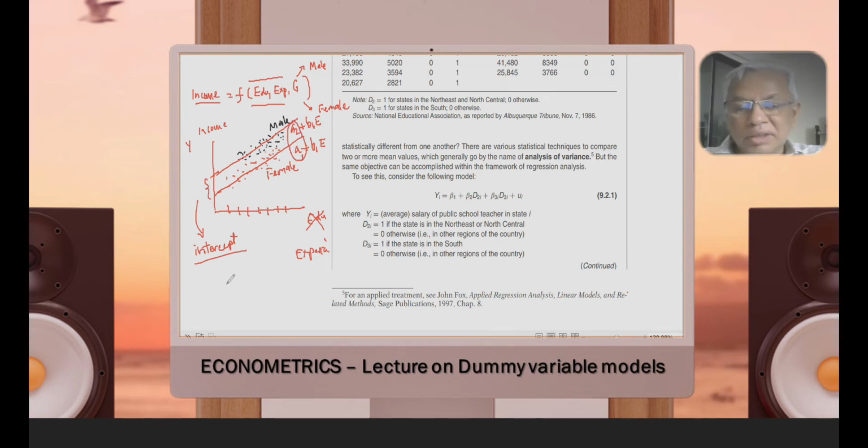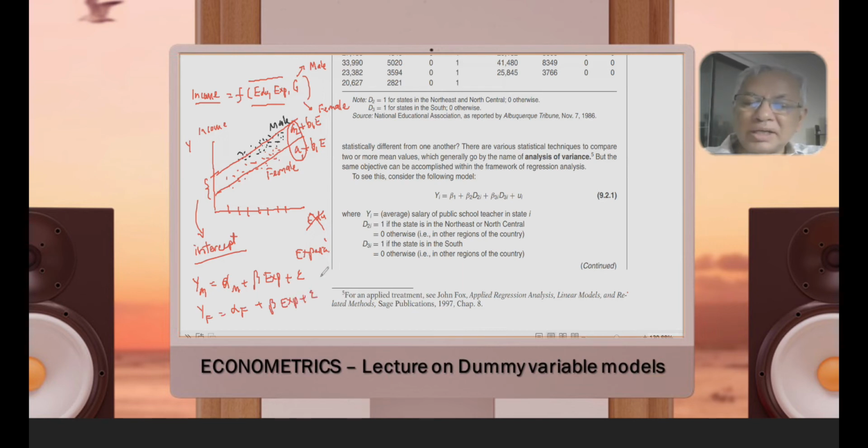So we actually could do two regression models. One is you regress male income as a function of experience: Y_M equals alpha_M plus beta experience plus error. This is the first model, for the male, and the female model will be Y_F equals alpha_F plus beta experience plus error.